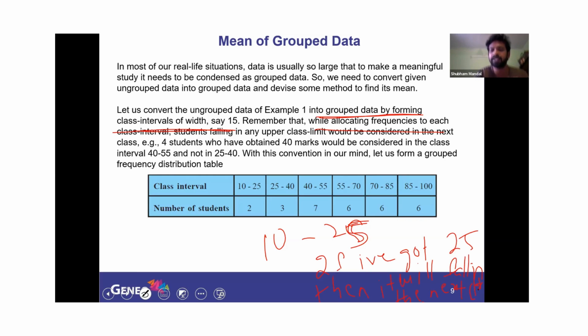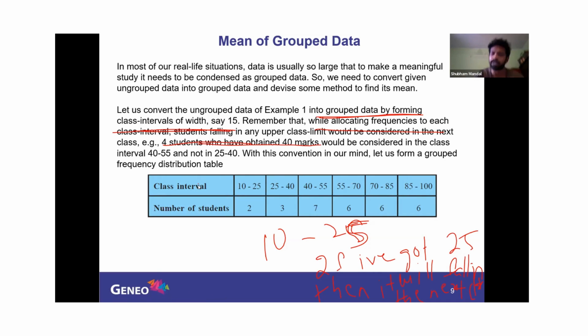So 10 to 25 means I'm going from 10 to 24, and if I have got 25 marks, that student will be put in the 25 to 40 class. For example, the 4 students who have obtained 40 marks would be considered in the interval 40 to 55 and not 25 to 40.